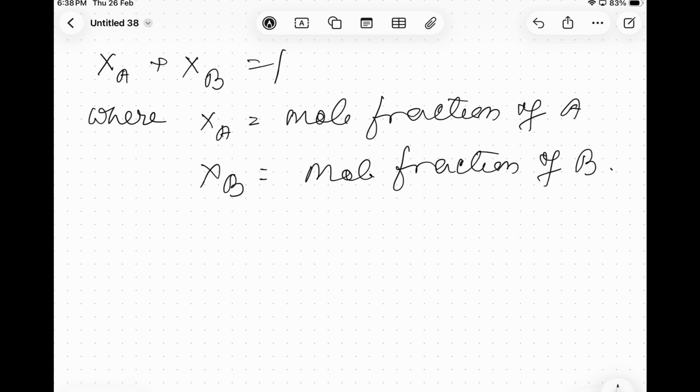Important question regarding mole fraction.